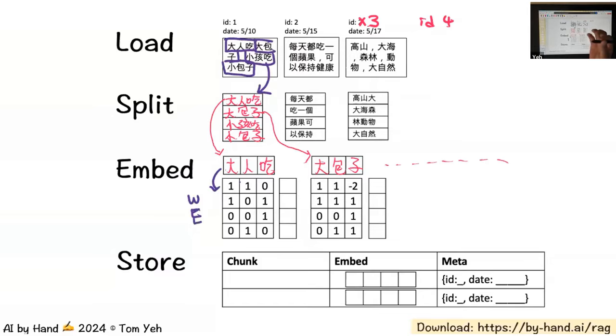In the vector database lecture I did earlier, I went into more detail, but for now I'm just going to give you the gist that a word becomes an embedding vector. So a single word becomes 1100, another word becomes 1001, and so on. And for the next chunk, a similar process. Because it's the same character, you expect the embedding vector to be the same, 1100, which is the same as this one.